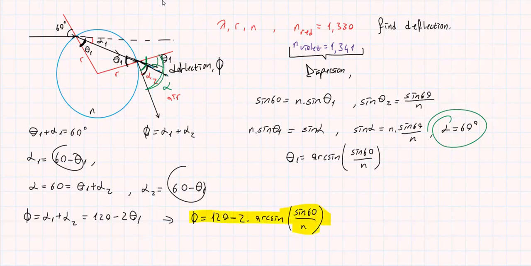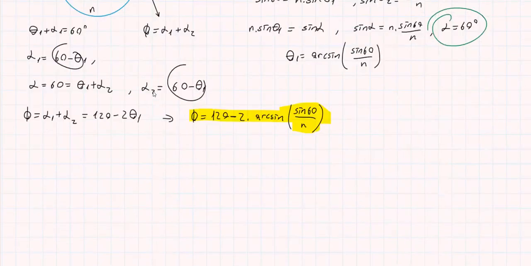At this point, I need to insert the different n values for different wavelengths as given here, and then I will finalize my calculation. I will find my final solution.